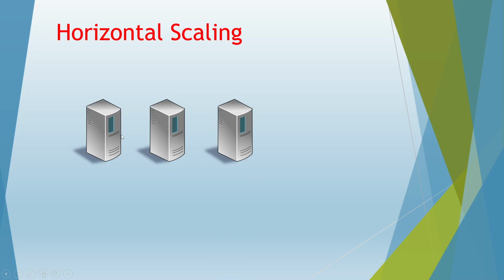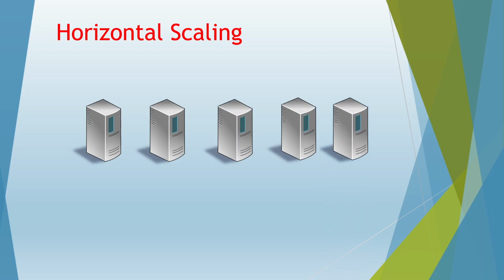Again, if more requests are coming in, you will add one more machine with the same configuration or a higher configuration. If more and more requests are coming in, you can keep adding more and more systems horizontally. In this case we are scaling the system horizontally, so that the requests coming to your application will be shared among all these servers.